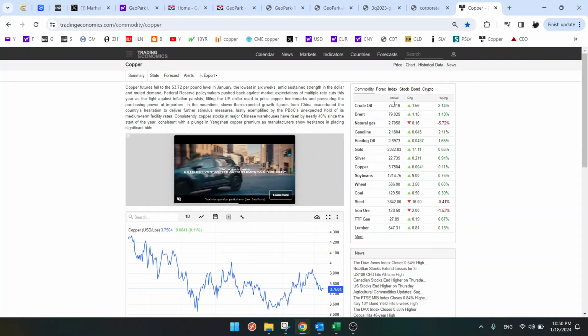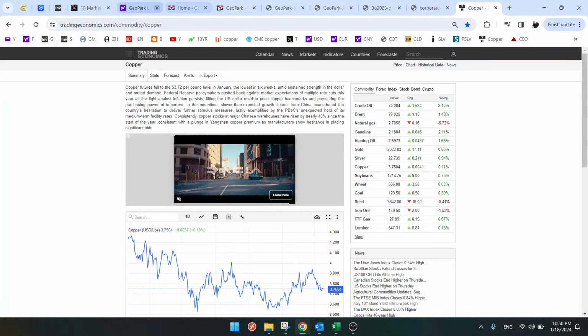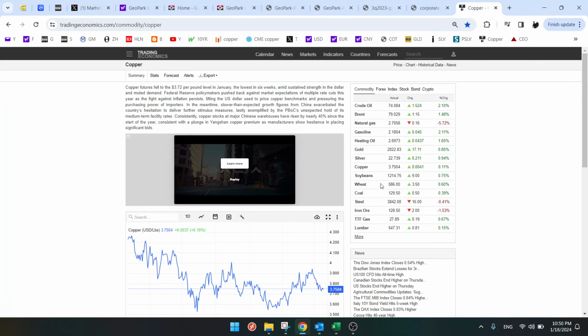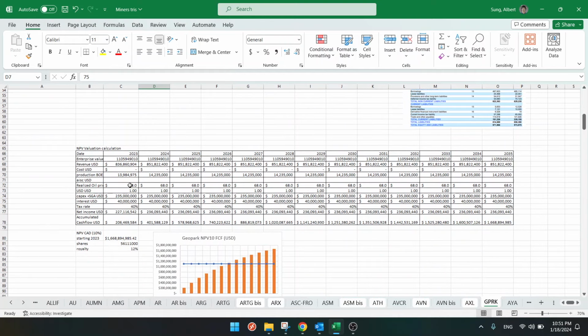So $3 lower than crude oil. Let's take $3 lower than crude oil. So $3 lower than WTI is the price that they get. So 71. Okay, 71. Everybody okay with that?